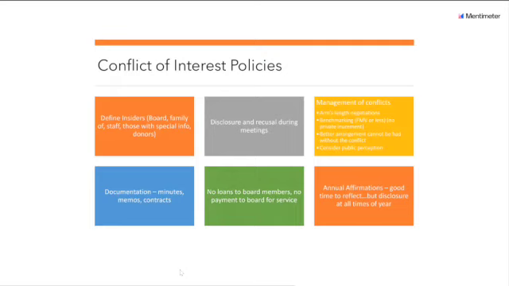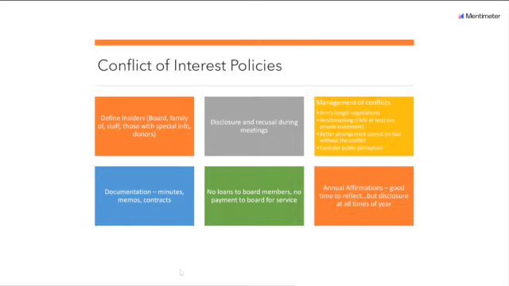The conflict of interest policy would outline some means and steps to mitigating a conflict, and require documentation of the conflict. And usually there's a clause in the policy itself that prohibits loans to board members, which would constitute private inurement, and prohibits board members from receiving compensation for duties that are endemic to their board service.